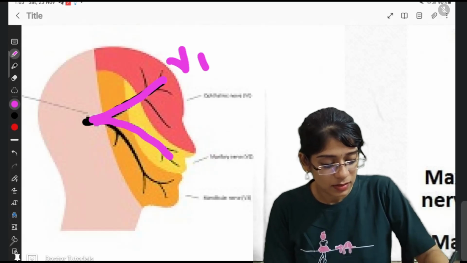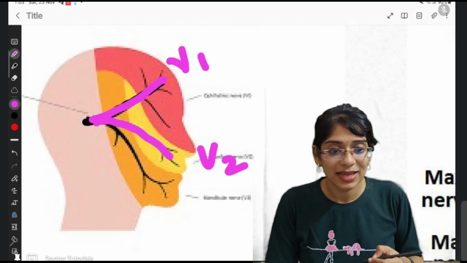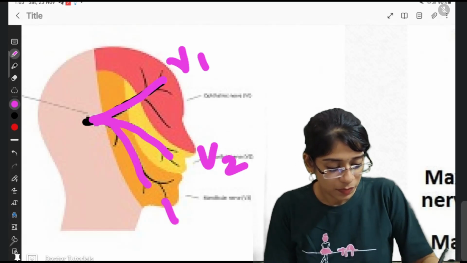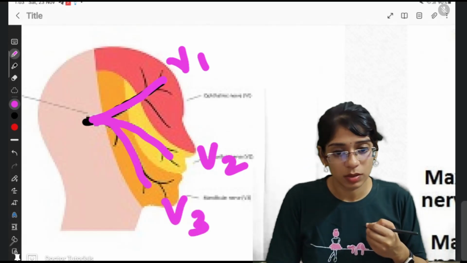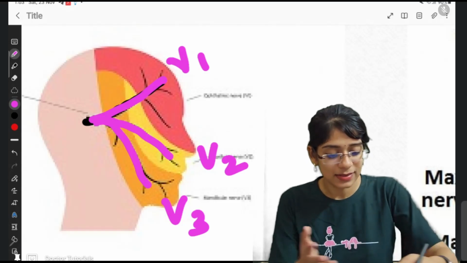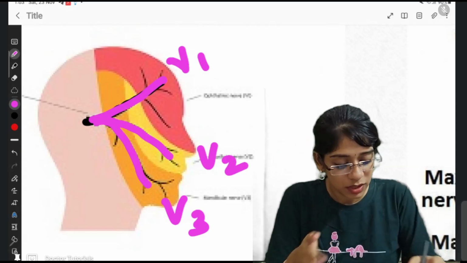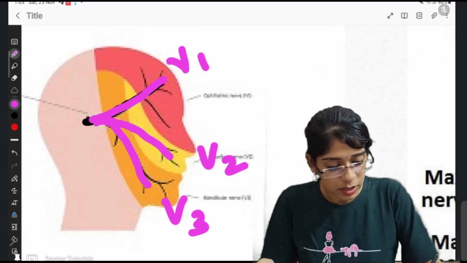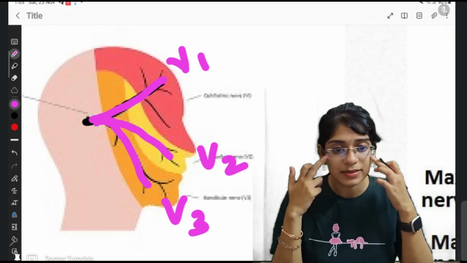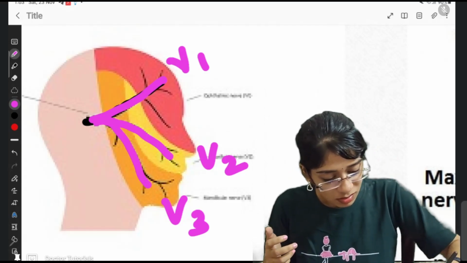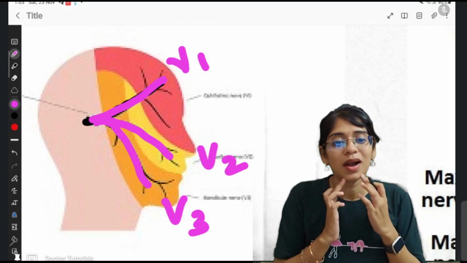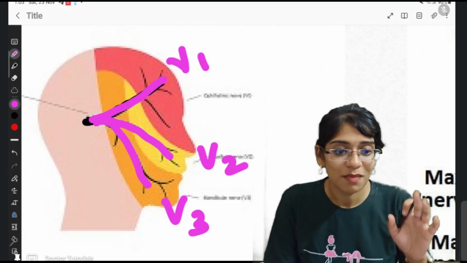This is the maxillary branch, V2. And this is your mandibular branch. The red areas are supplied by the ophthalmic nerve. The yellow areas are supplied by the maxillary nerve, and this dark yellow part is supplied by the mandibular nerve.